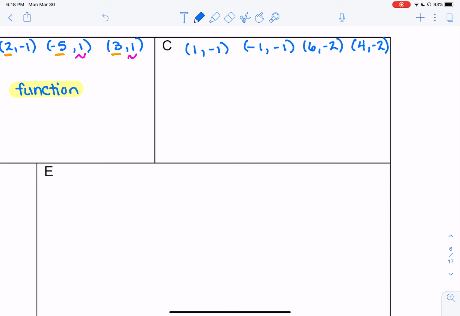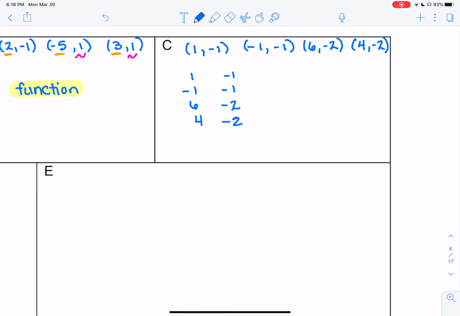So I'm looking at my X values, putting them in a list. I have 1, -1, 6, 4. Oops, 6 just had some kind of an issue. Let's fix that. All right, and then my Y values that went with each of those, I'm just going to write them in the order that we see them.